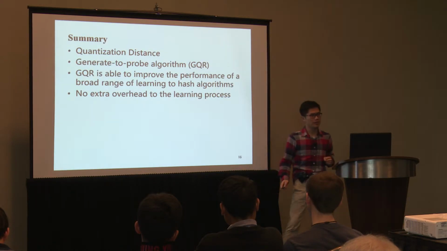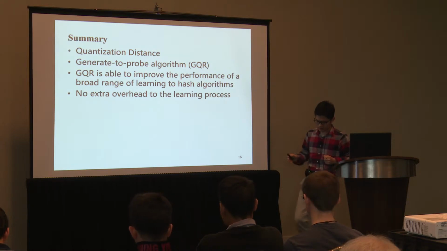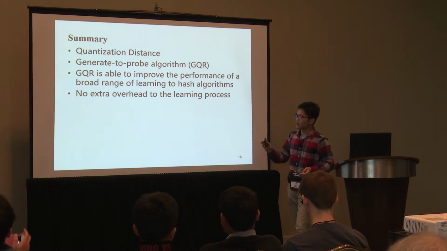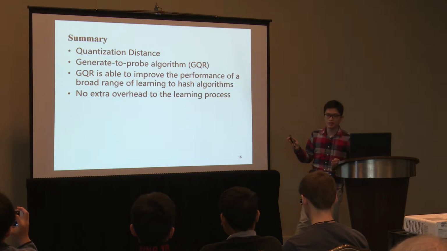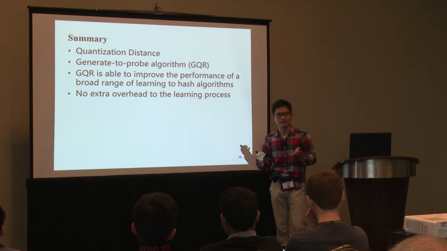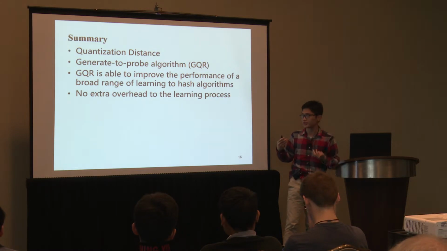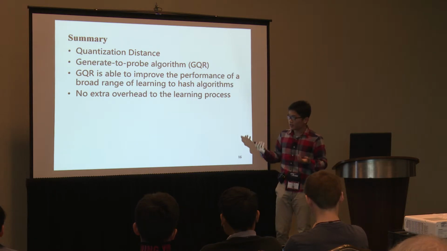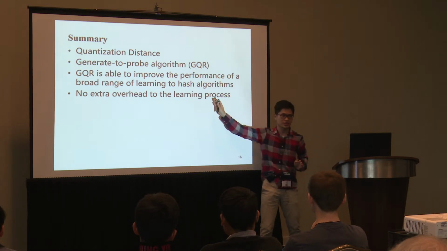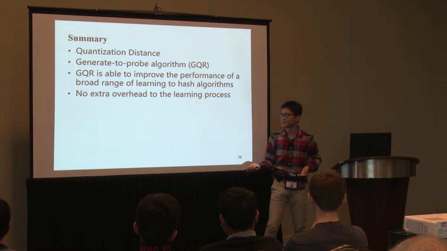In summary, we propose a new distance measure and develop an algorithm to avoid ranking all the buckets. And GQR, our solution, is able to improve the performance of many learning to hash algorithms and demonstrates its generality and efficiency. And one advantage is that our solution does not bring extra overhead to the learning process, such as deep hashing.